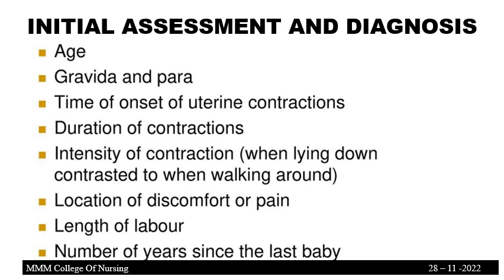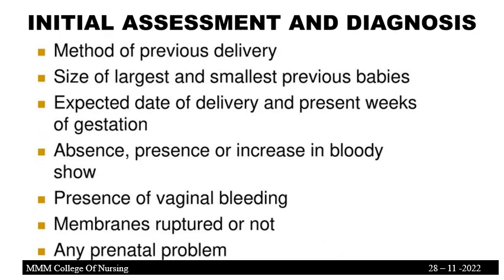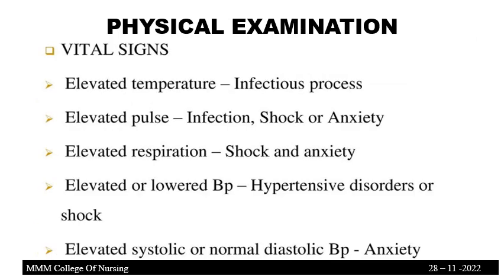And the number of years since the last baby. All these details should be collected. And next is the method of previous delivery, size of the largest or smallest previous baby, expected date of delivery, present weeks of gestation, presence or absence of edema, presence of vaginal bleeding, whether membranes are ruptured or not, or any prenatal problem. All this history should be collected.